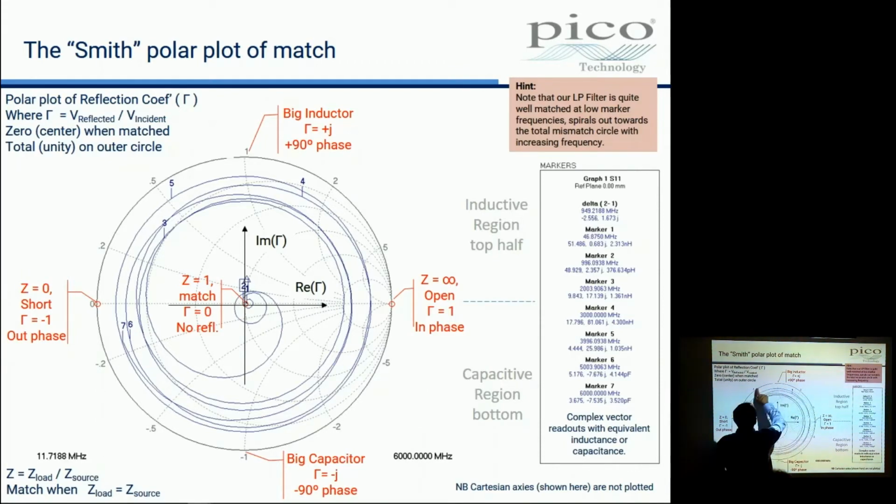This is a circle of constant match, and if we are fully out of phase, you may remember we said in part 1 that would be a short. The signal went to the end, saw the short, bounced back in antiphase. So antiphase, this is a big inductor on the end, and this is a big capacitor on the end.